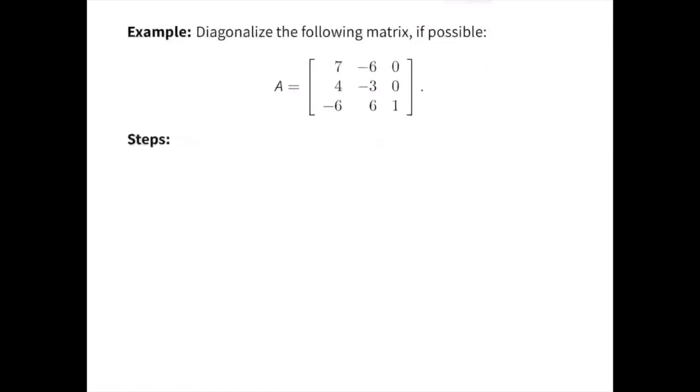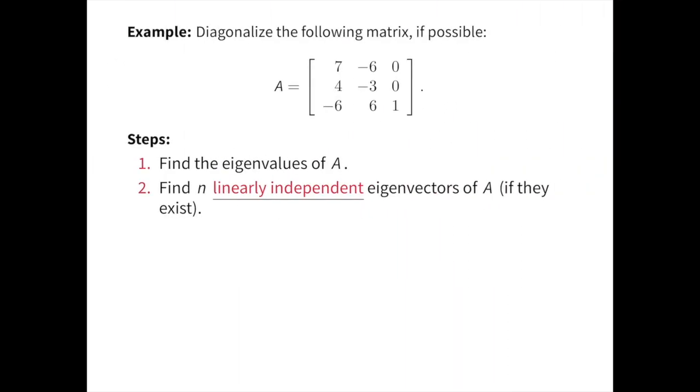So we're going to try the following steps. The first is that we're going to find the eigenvalues of the matrix A. The second step is we're going to look for n linearly independent eigenvectors of A, if we can find them. They may or may not exist. If they don't exist, if we can't find n linearly independent eigenvectors, then we're stuck and our matrix is not diagonalizable.